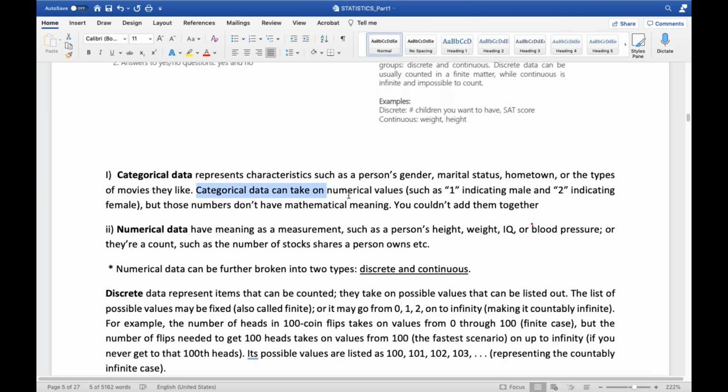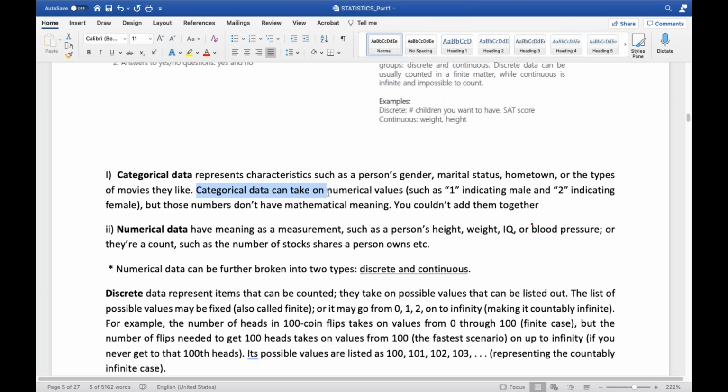Sometimes categorical data might have 1 and 0 or 1 and 2, which are not numbers, guys. We are representing that categorical data in numerical format, but it is not numerical data.